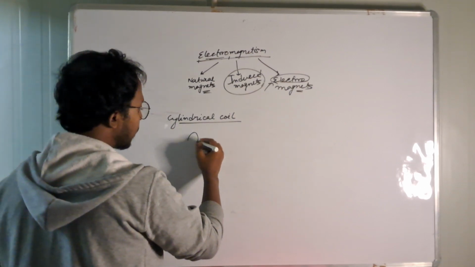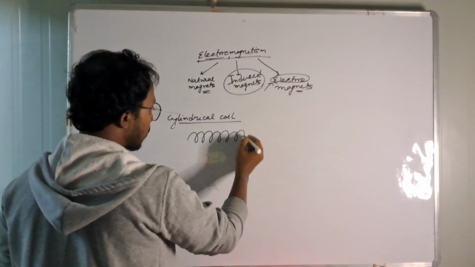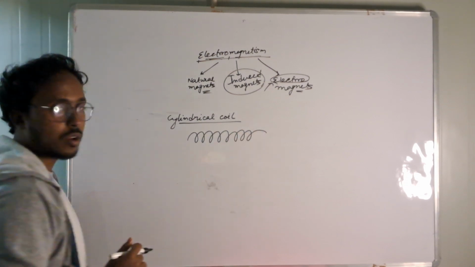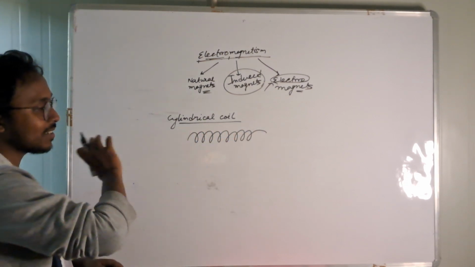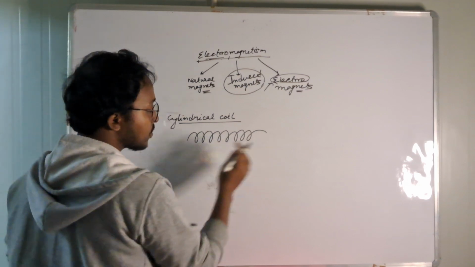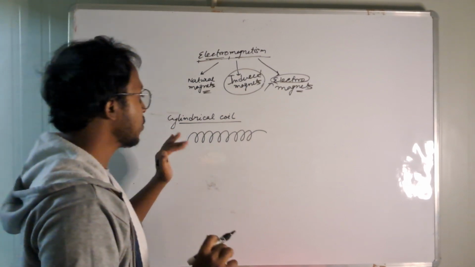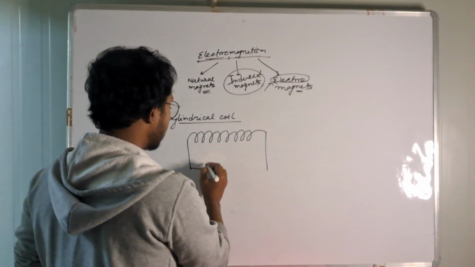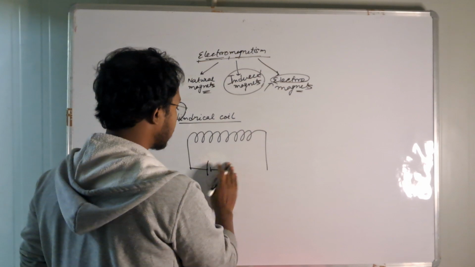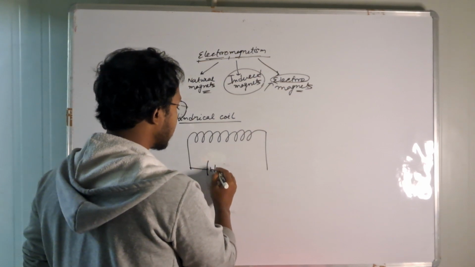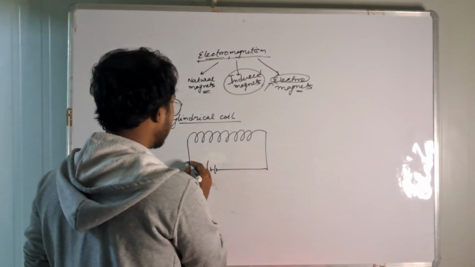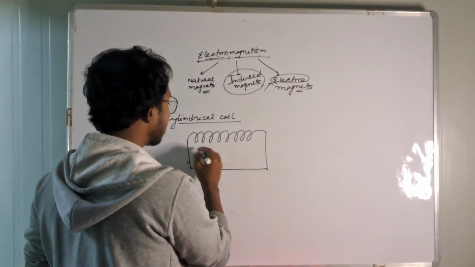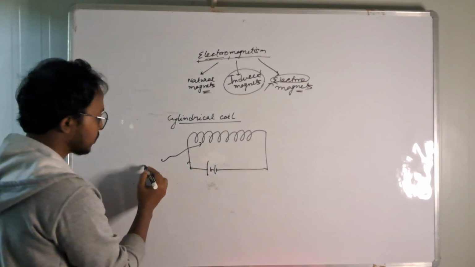It is a coil but cylindrical in shape. If I connect this coil with the battery, there will be a current flow and it will act as a magnet.